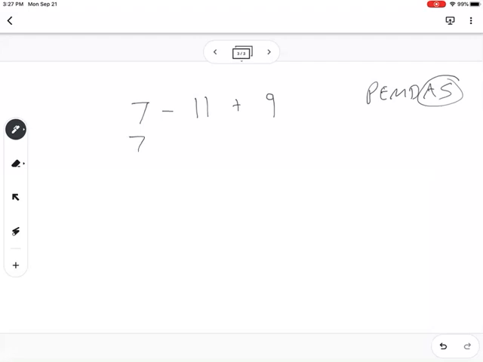But what I'm going to suggest is that we rewrite this before we do anything. So 7 plus, so same, opposite, opposite. The minus becomes a plus. The 11 becomes negative 11 plus 9. Now the benefit here is that now we have all addition.